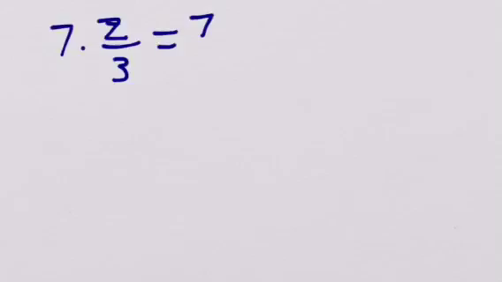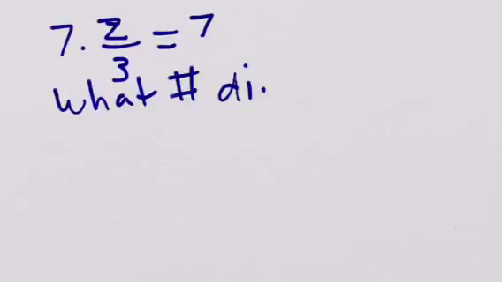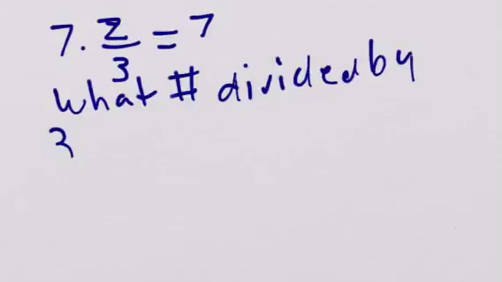Number 7 is kind of scary looking. It has z over 3 equals 7. So we're talking about division here. And so we ask ourselves, what number divided by 3 equals 7?